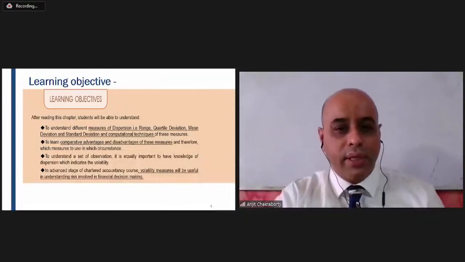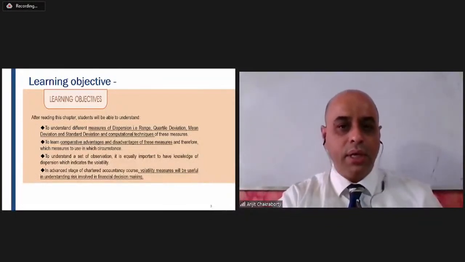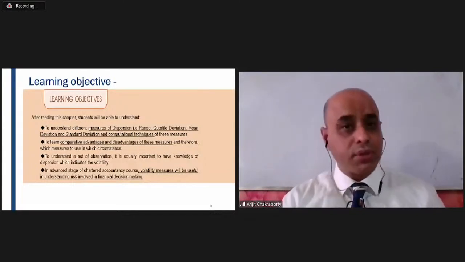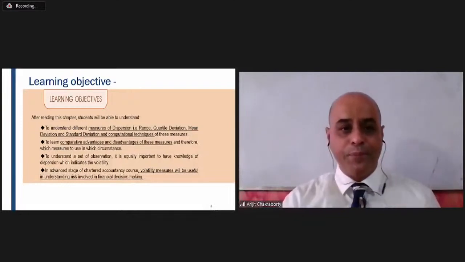And here we have range, quartile deviation, mean deviation, and standard deviation. We will understand the computational techniques, how to calculate, number one.